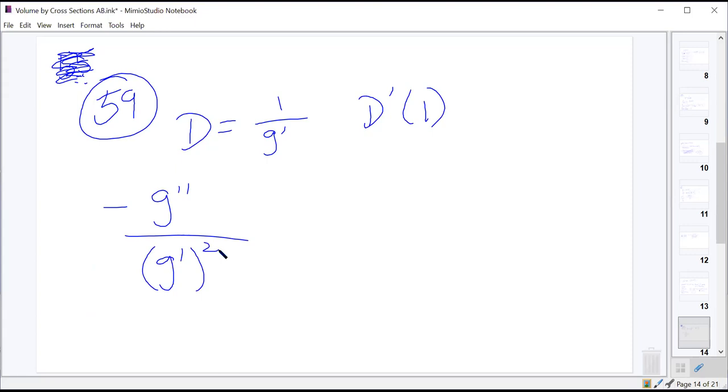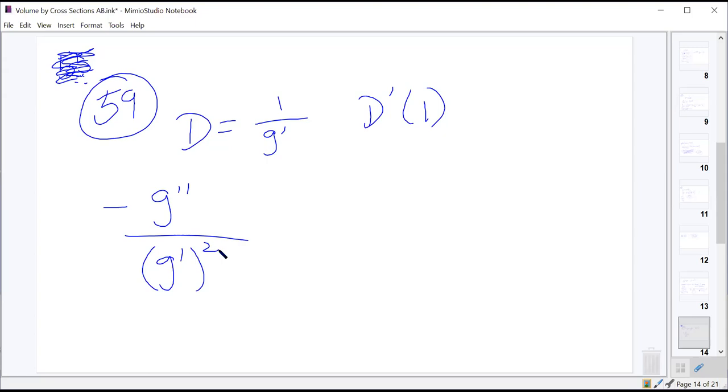At 1, oh, they don't give us G double prime, do they? No, that's a problem. Let's see, what's G prime of 1?